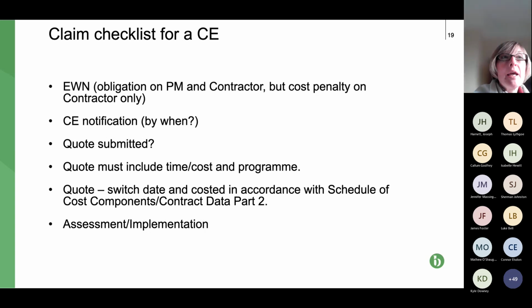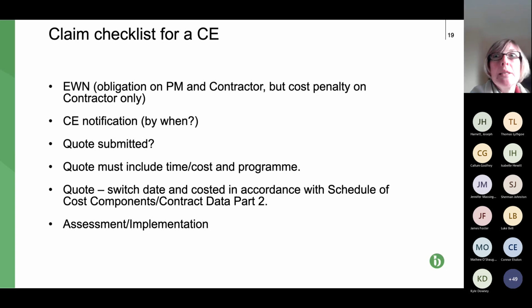Remember the CE notification. Think about doing what I'm suggesting in that you just notify all CEs, and remember that time limit, 8 weeks, 7 weeks for a subcontract, potentially both will be reduced in the Z clauses.